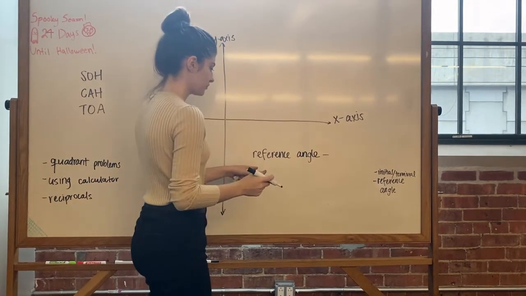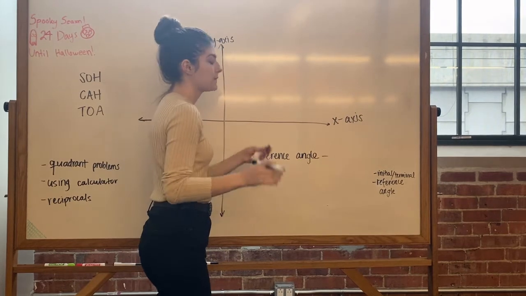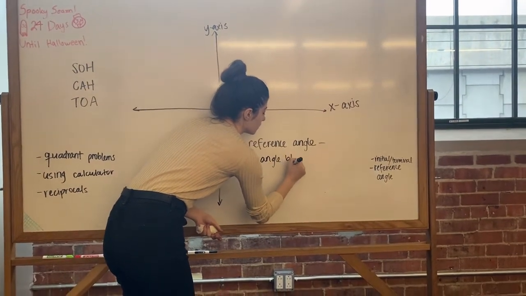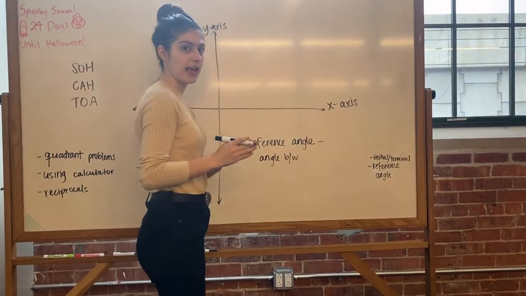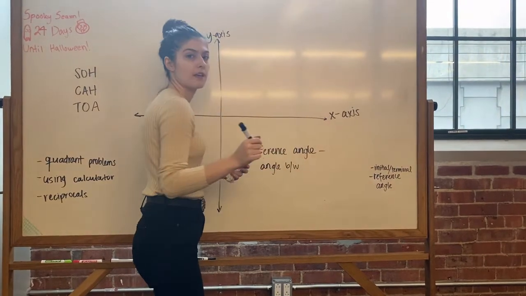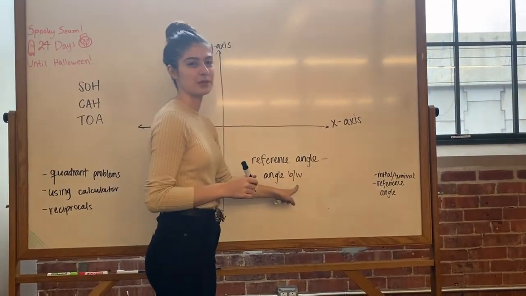is the angle that we reference between, so it's the angle between the x-axis and our terminal side. Yeah, okay. What does BW mean? BW, true. This is just an abbreviation for between. Okay.